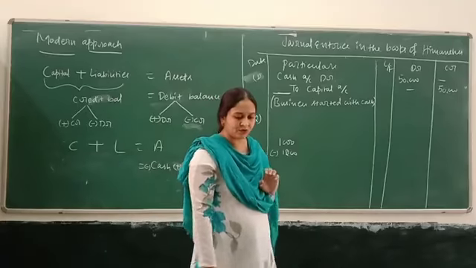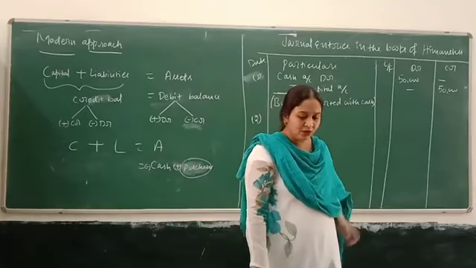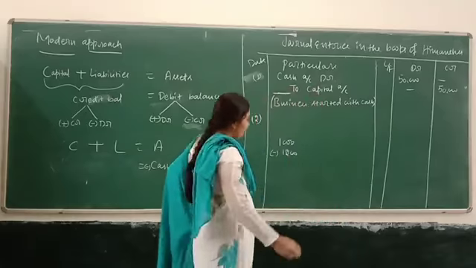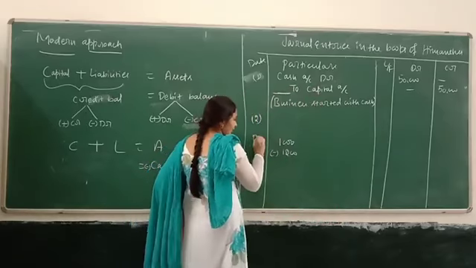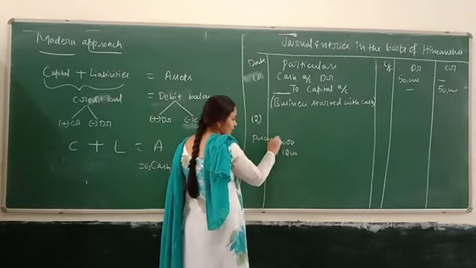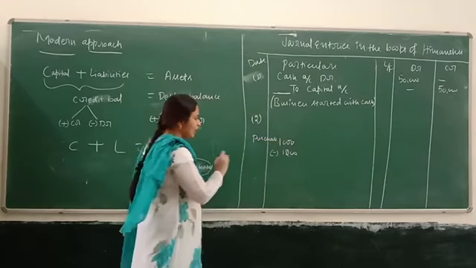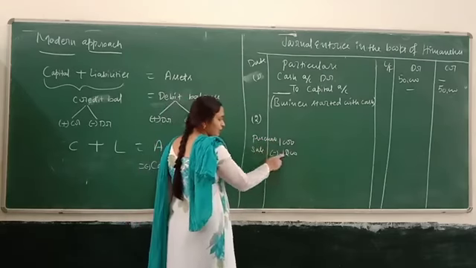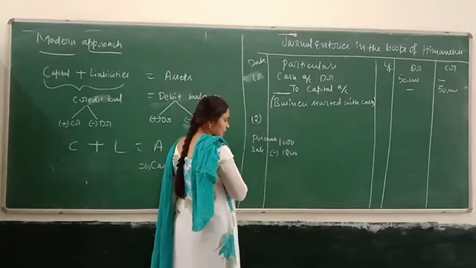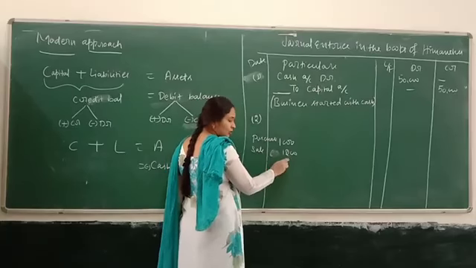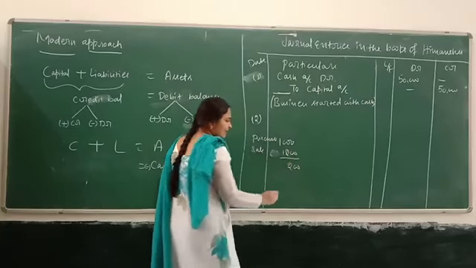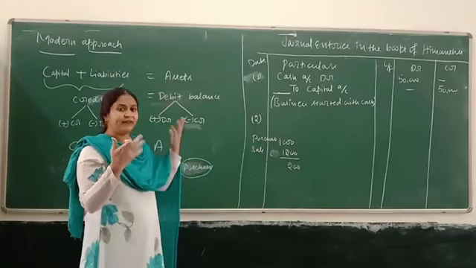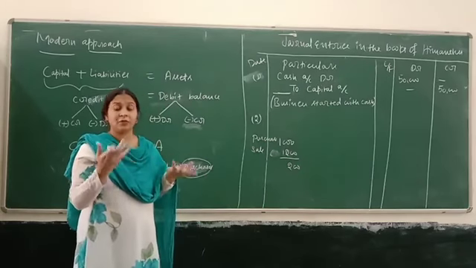We have purchased these goods for 1000 and I am selling them in the market for 1200. So how much is the profit? 200.